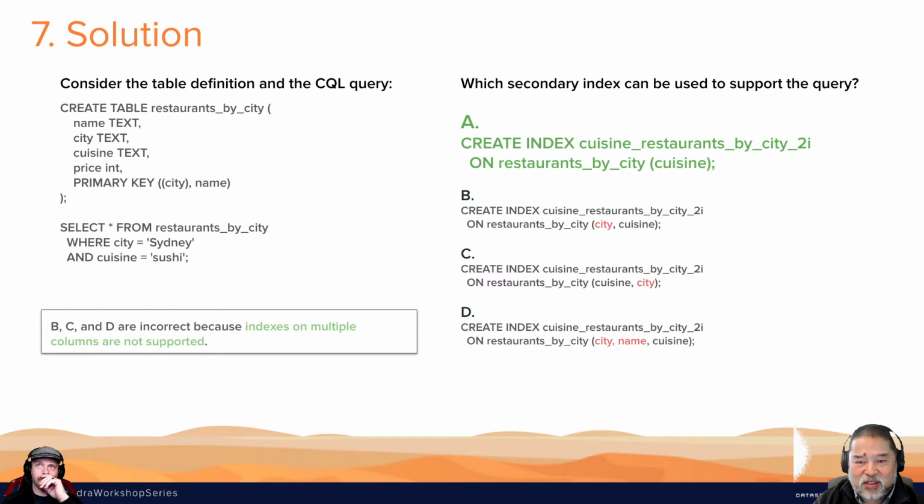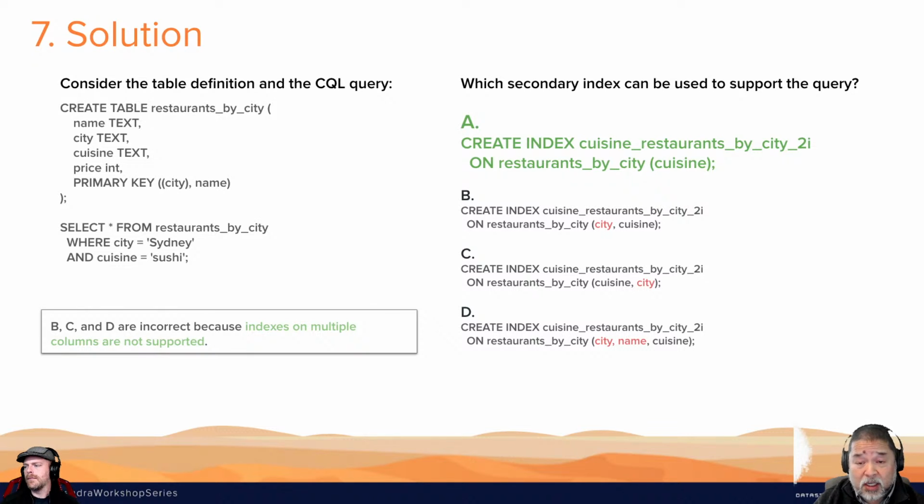All right, there's a couple of things going on here. So again, we'll look at the table. The primary key is city and name, where name is the clustering column. The query we want to do is by city, and city is the partition key, so that part's good. But we can't query by cuisine because it's not a clustering column.